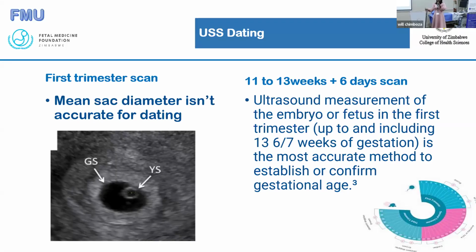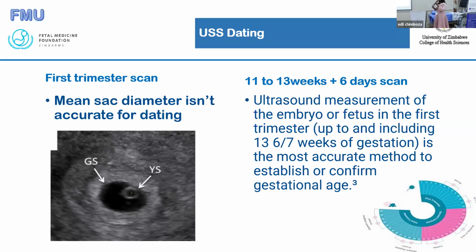Say if we're scanning a woman at 6 weeks or 7 weeks, we have a certain measurement of the gestational sac. We have an expected milestone of noting an embryo or a fetal pole inside the gestational sac. So I'm just giving an example of where the gestational sac is applicable. So we can't say a woman is coming, she was dated at 5 weeks, then we rely on those dates.